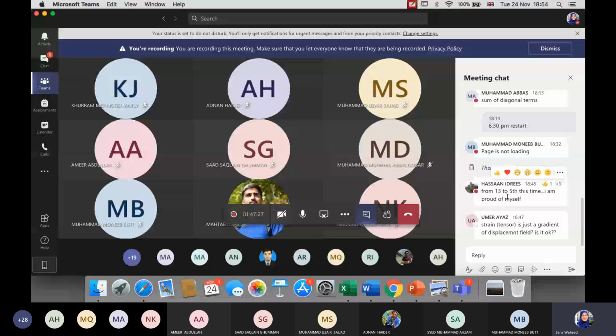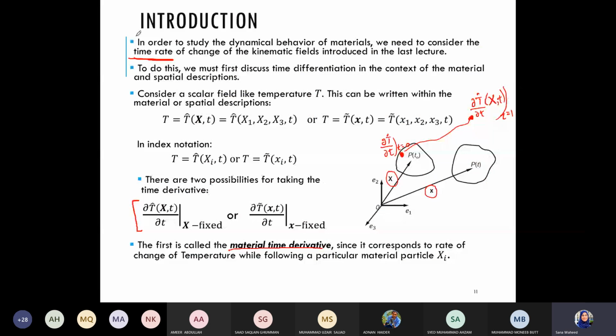Strain tensor is just a gradient of displacement field. Is it okay? It is the gradient, लेकिन the gradient का function, मतलब sorry, what I mean to say is that by that is कहीं just some corner which I can then cut out. But epsilon ij is not just equal to this.